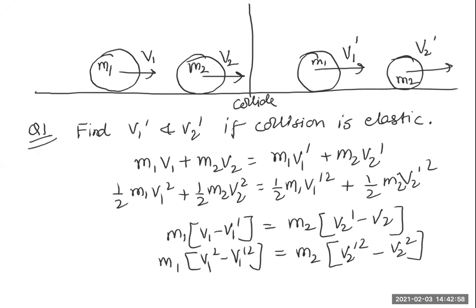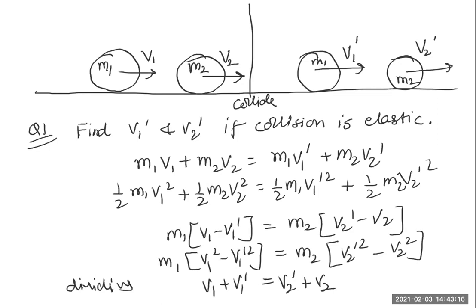Dividing the two equations, we get V1 plus V1 prime. This is after factorization. I've cancelled out the term. Is equal to V2 prime plus V2.